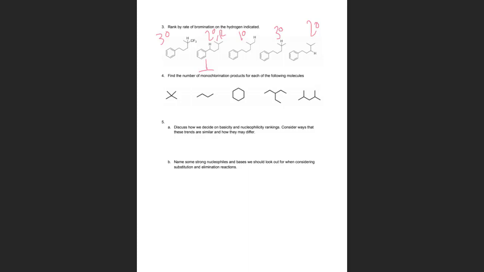So now I'm going to compare these two tertiary brominations right here. Because as we know, bromination involves a radical, and radicals like tertiary positions. So based off of these, there's going to be one that's particularly more stable than the other.